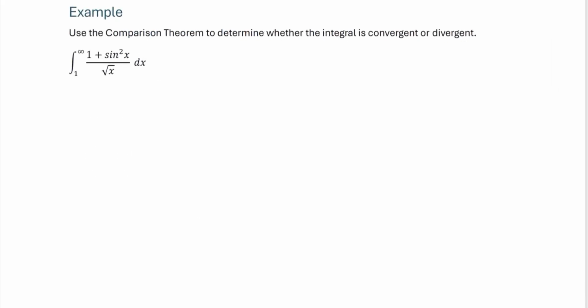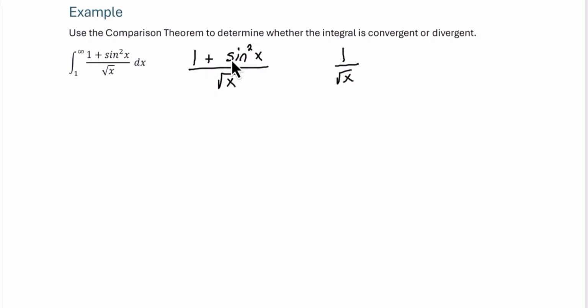Let's again use the comparison theorem to determine whether or not the integral is convergent or divergent. We'll focus on the integrand for now. And we want to compare it to an integrand that we're more familiar with. In this case, we can rewrite this as 1 divided by the square root of x.